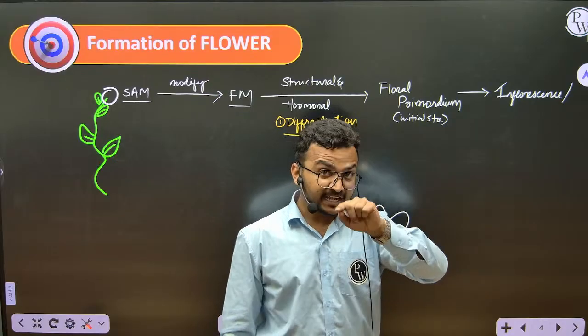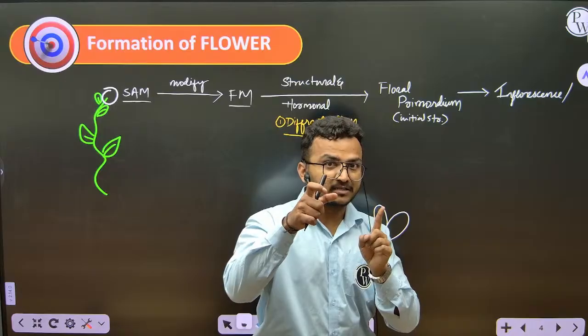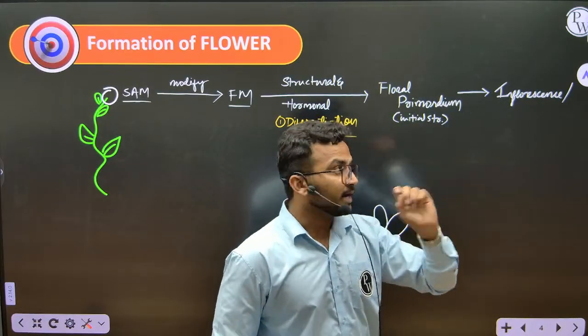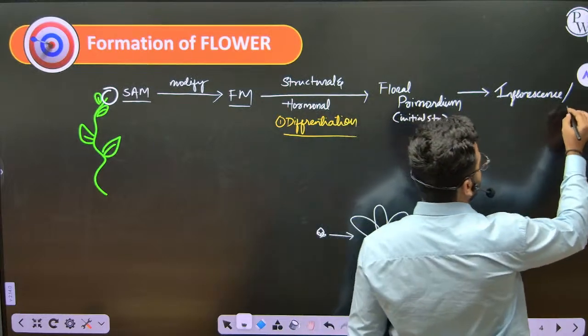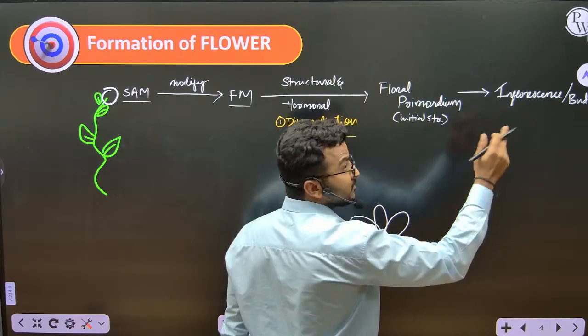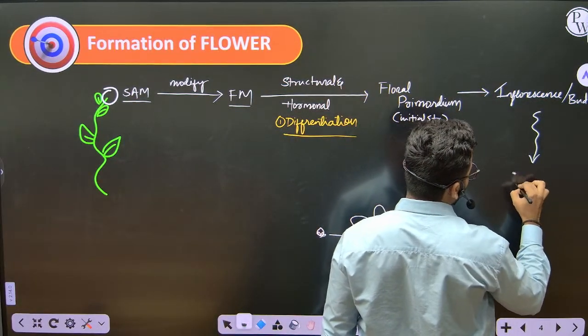If a plant is showing only one flower on a particular branch, it will be showing it in the form of a bud there. So either it will show in the form of inflorescence or in the form of bud. So this will lead to formation of flower there.